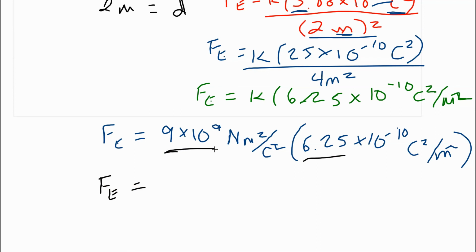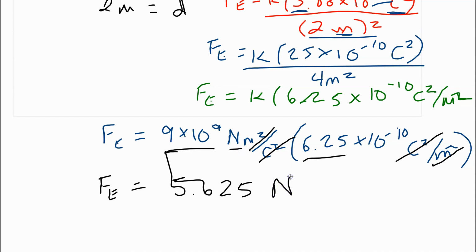So I'll just say times 9 to the 9th, enter, and that tells me 5.625, no tens, that's just the answer right there. The meters squared cancel, the coulombs squared cancel, and so that ends up with newtons. Just like the previous problem, we definitely do want this to be in newtons.